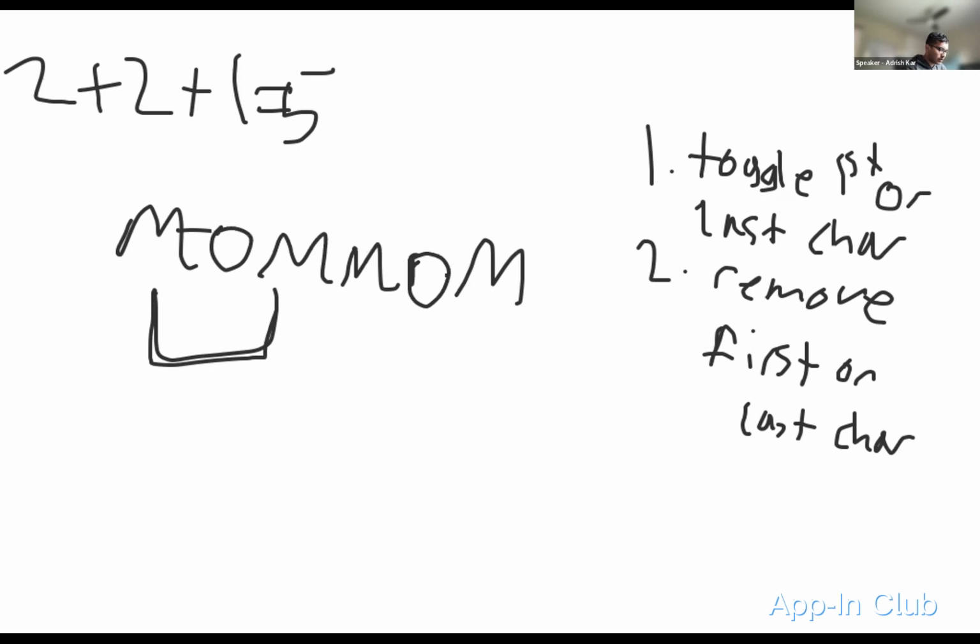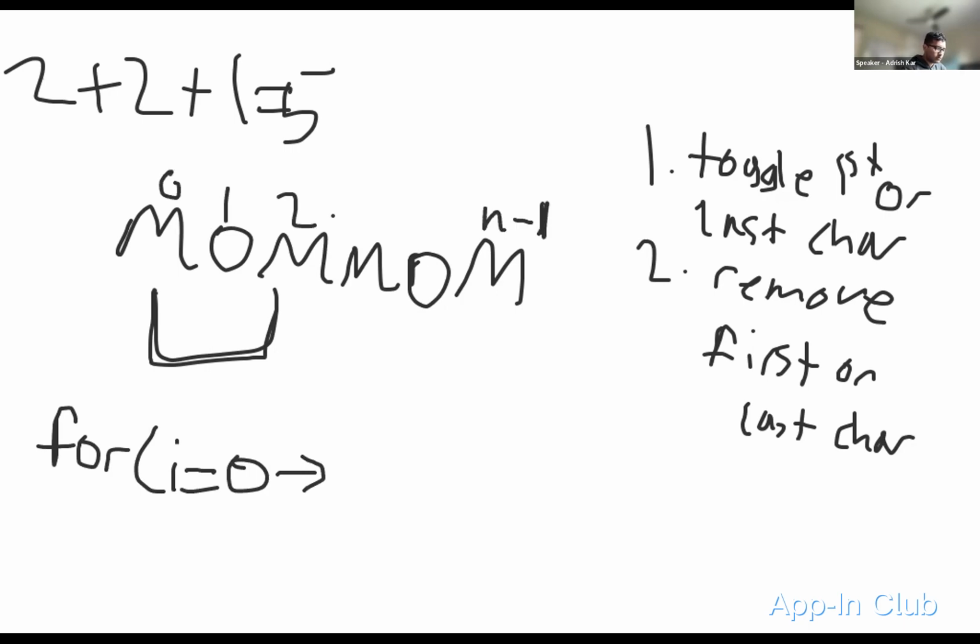So the pseudocode looks something like this. Oh, my bad. It's supposed to be n-3 inclusive.